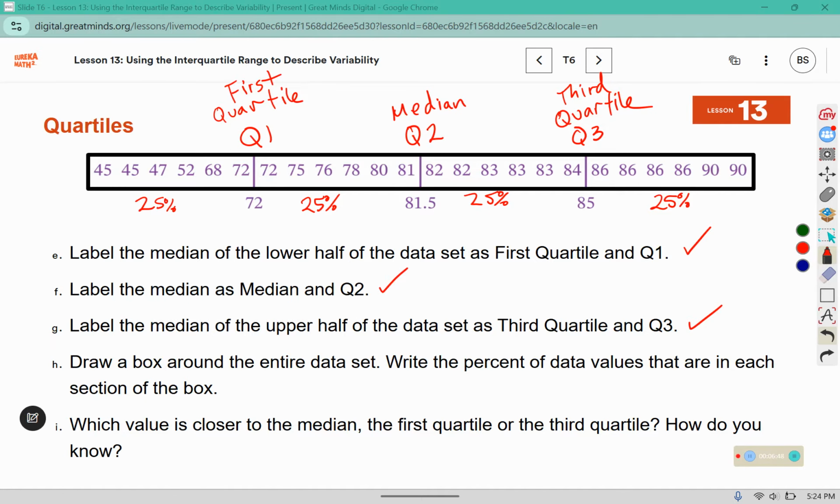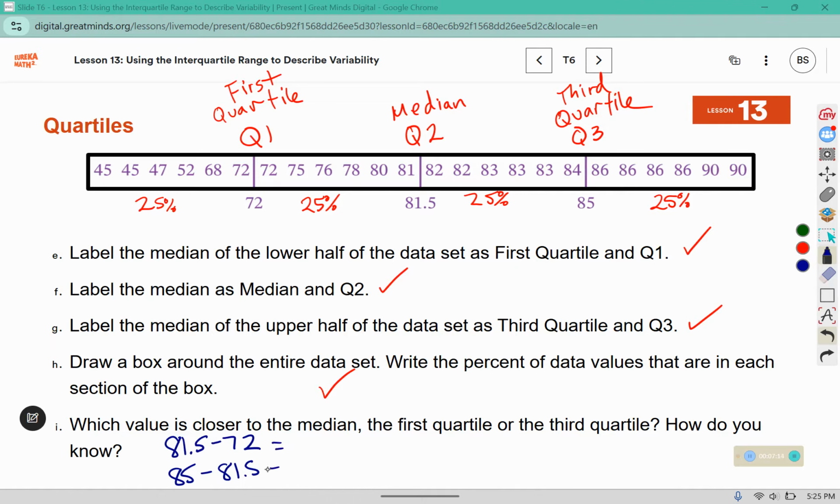Which value is closer to the median? The first quartile or the third quartile? How do you know? Well, let's look here. The first quartile is 72, and the median is 81.5. So how far apart are those? The third quartile is 85, and the median is 81.5.